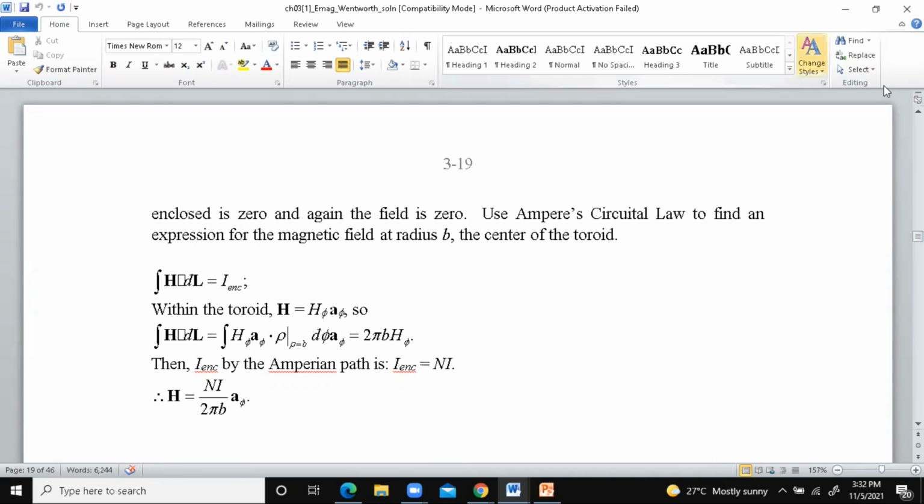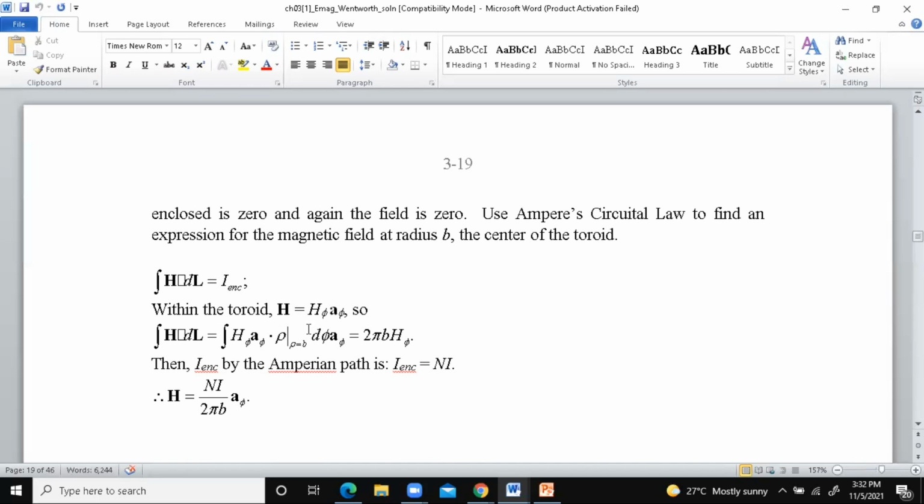And then within the toroid, a toroid is just a number of loops. Yeah, I looked up the image like they said, sir. There is the circular loop with the loops around it. I wasn't sure how to get that, so I was wondering if I was supposed to use a circular loop with Ampere's circuital law, but I wasn't sure how to go about doing that.